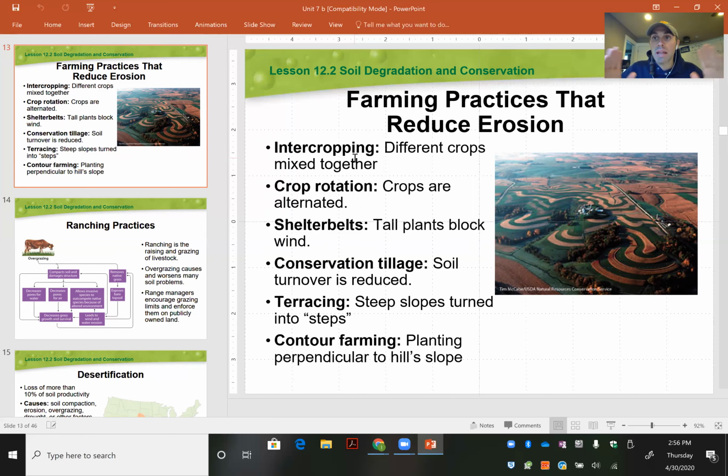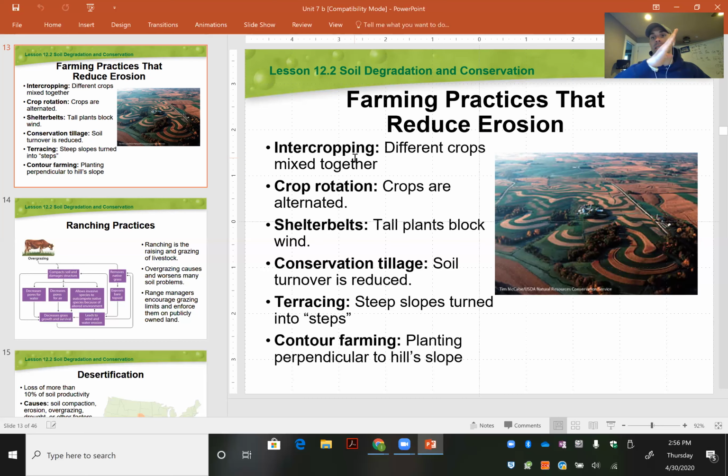Okay, so those corn lines will be on the outside of the farm to shelter the more delicate crops on the inside. Conservation tillage, conservation meaning we're not doing it as much. Tillage meaning digging up the soil. So conservation tillage means we're not digging up the soil as often as we normally did, which kind of prevents the loss of fertility.